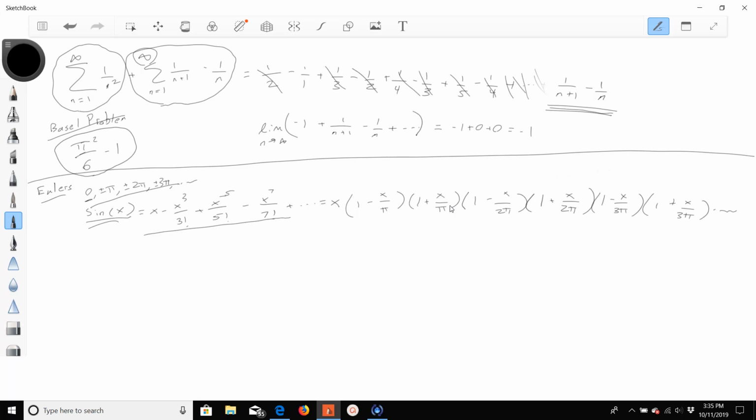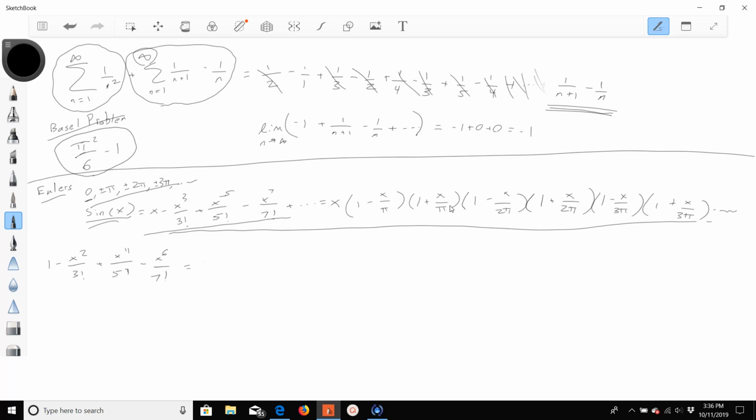And since both sides are zeros at the same places, we can divide both sides by x. And so of this whole big equation here, we're going to divide both sides by x. So we're going to get 1 minus x squared over 3 factorial plus x to the 4th over 5 factorial minus x to the 6th over 7 factorial.